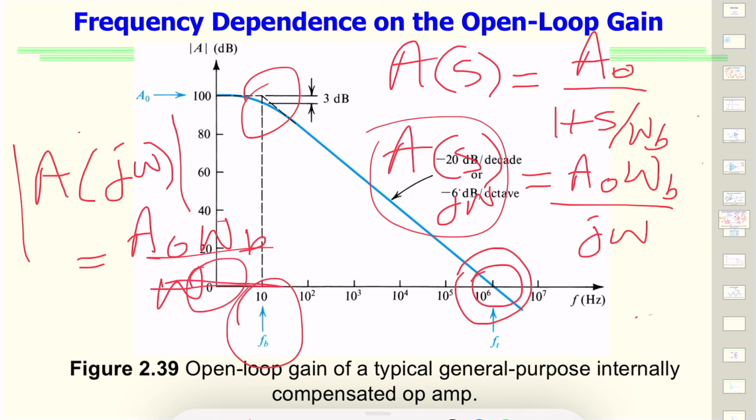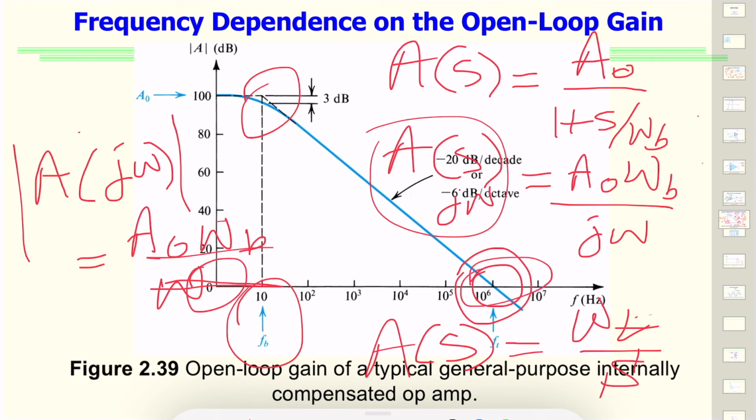So 0 dB is unity gain. What that means is the op amps which generally follow this kind of Bode plot have a unity gain bandwidth. And for omega much larger than omega B, the gain simply becomes omega t divided by S, which is this point.